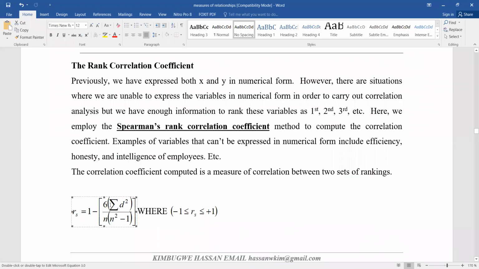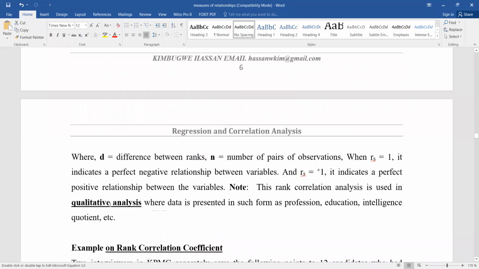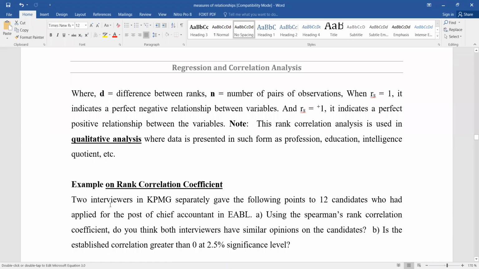So we look at an example. Two interviewers in KPMG separately gave points to 12 candidates who had applied for the post of chief accountant in L&B. Using Spearman's rank correlation coefficient, do you think both interviewers have similar opinions on the candidates?